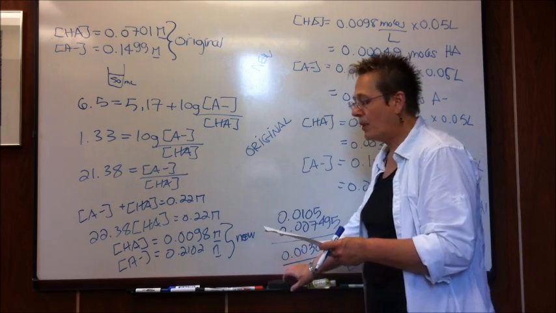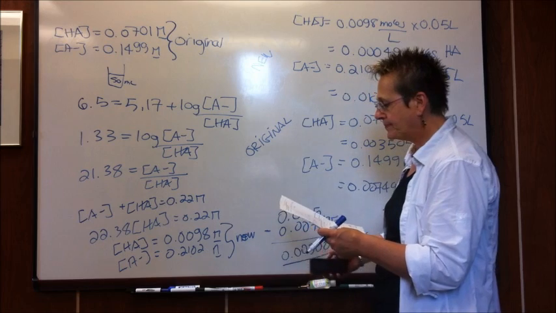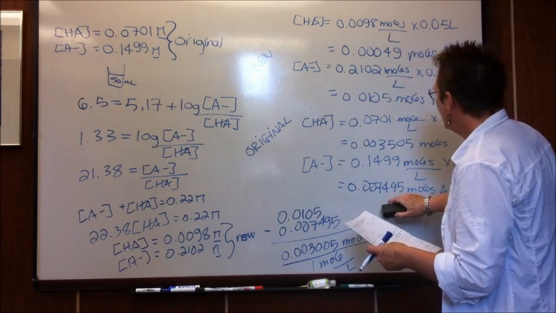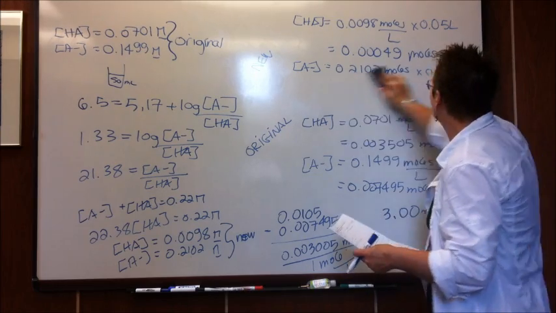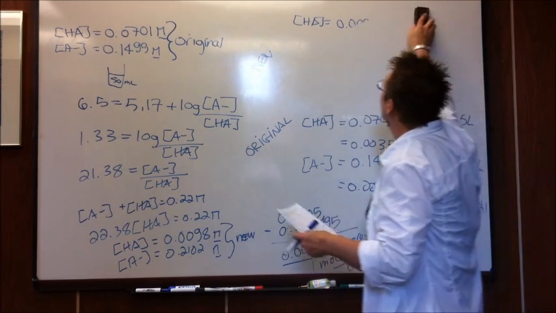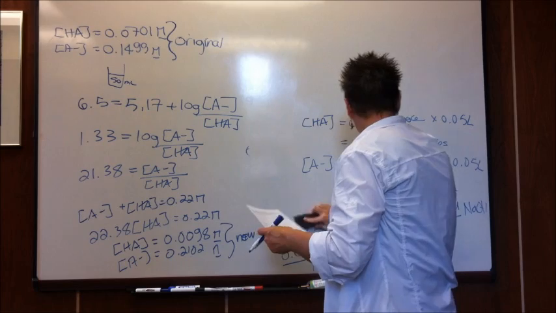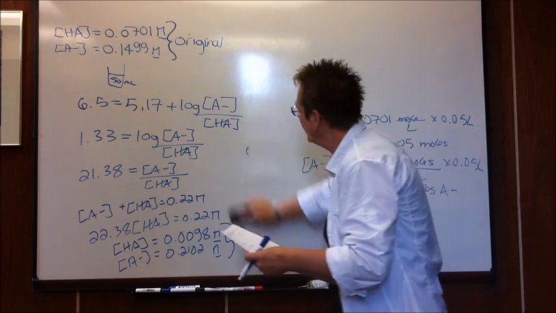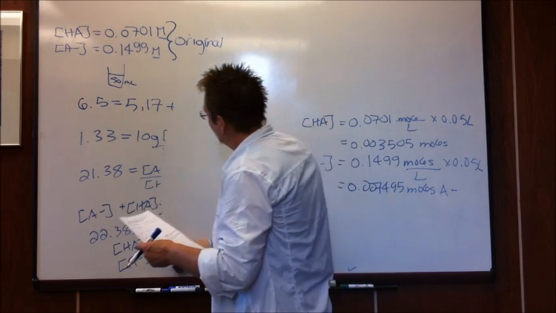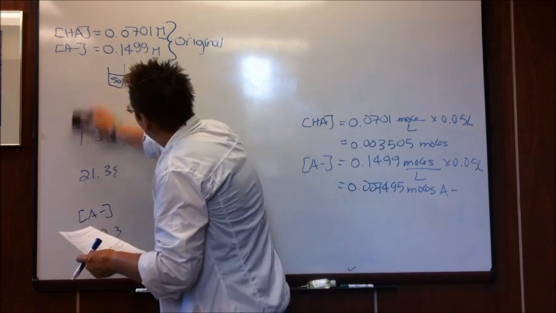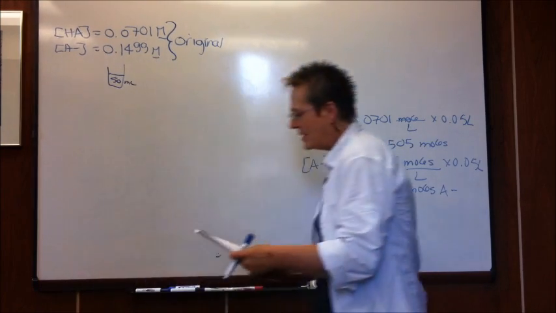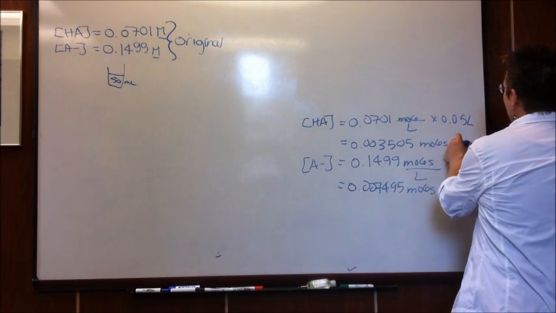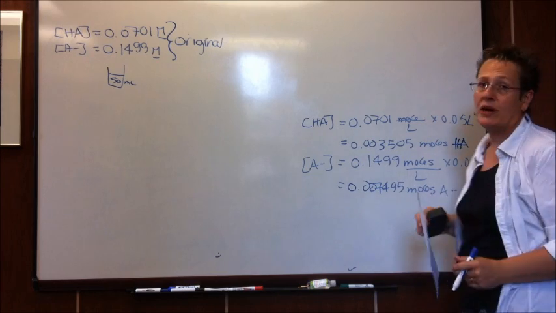The other part, part A, is a little bit trickier. We're going to start by using the information that we found here. So I'm going to get rid of the other stuff I just did. This is what we had in solution to start, still a 50 milliliter aliquot. And this is how many moles of A minus and of HA that we started with.